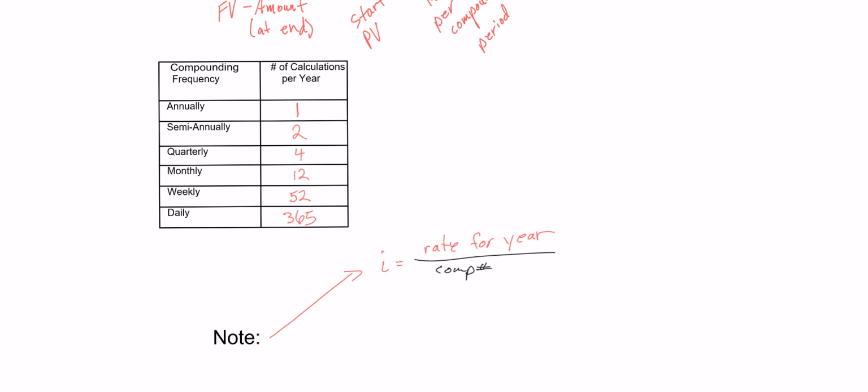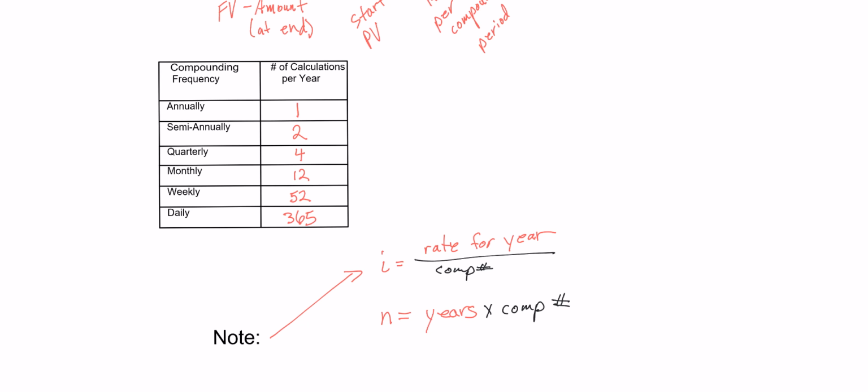As for n, n is the number of compounding periods. So if it's done semi-annually, n, for the most part, is equal to the years times the comp number, unless the compounding is already described for you.